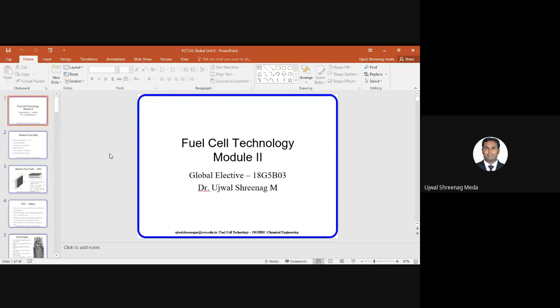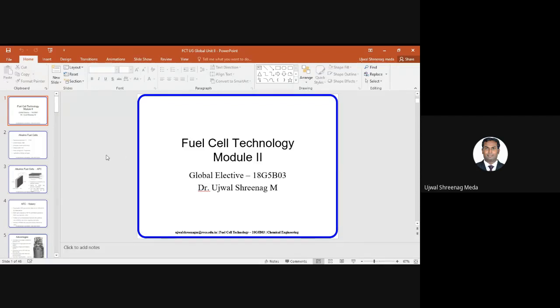Advantages: high current density, lower cost, non-noble electrodes made of non-noble metals, and there is no bipolar plate, and activation losses are low. These are some of the advantages of alkaline fuel cell.